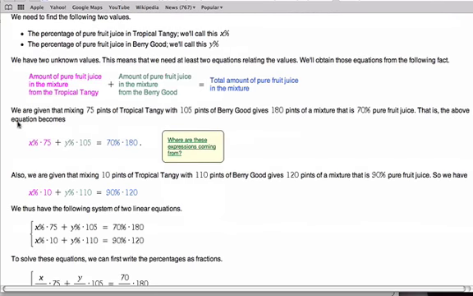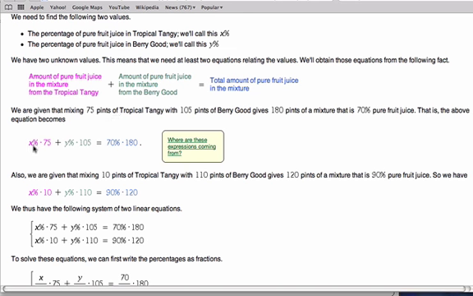So what we're going to do is take this sentence here. We are given that mixing 75 pints of tropical tangy with 105 pints of berry good gives 180 pints of a mixture that is 70% pure fruit juice. Like I said, we're going to take the number of pints of tropical tangy and multiply it by the percent of fruit juice it is. And that's what X is.